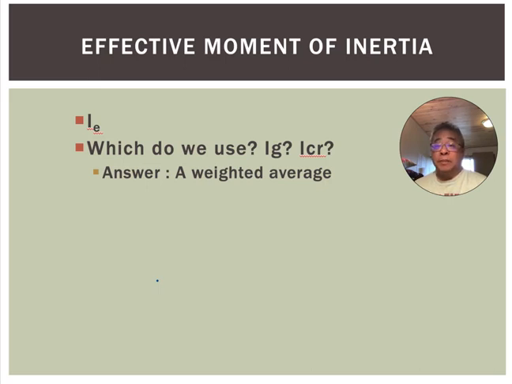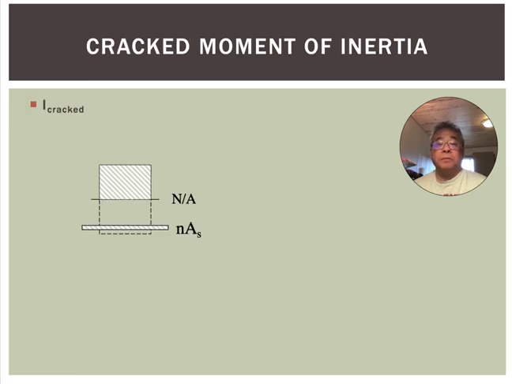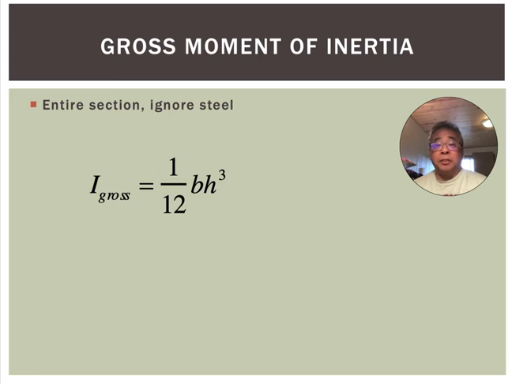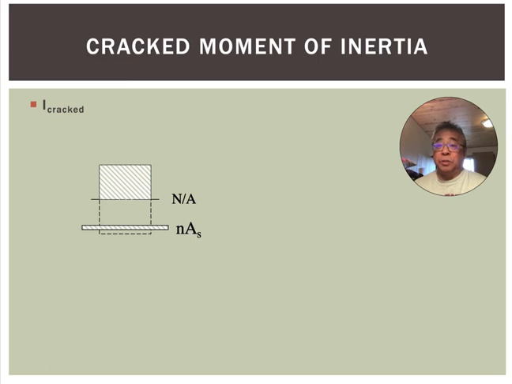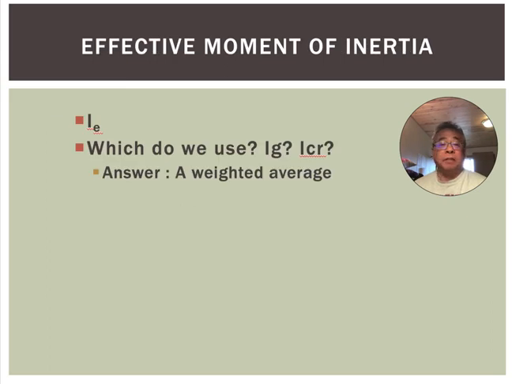We're going to average the gross and the cracked transformed. So I've asked you to remember this from homework 1. I know it was a long time ago, but you can calculate that. You can calculate bh³ over 12. And what we're going to do is average those two. Okay? We need some kind of weighted average.